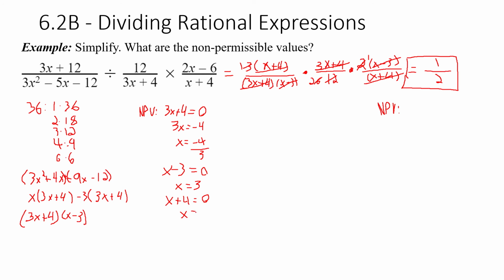Subtract 4 from both sides to solve for it, and you get negative 4. So our 3 non-permissible values in this example are negative 4/3, 3, and negative 4. So from least to greatest, our non-permissible values would be negative 4, negative 4/3, and 3.